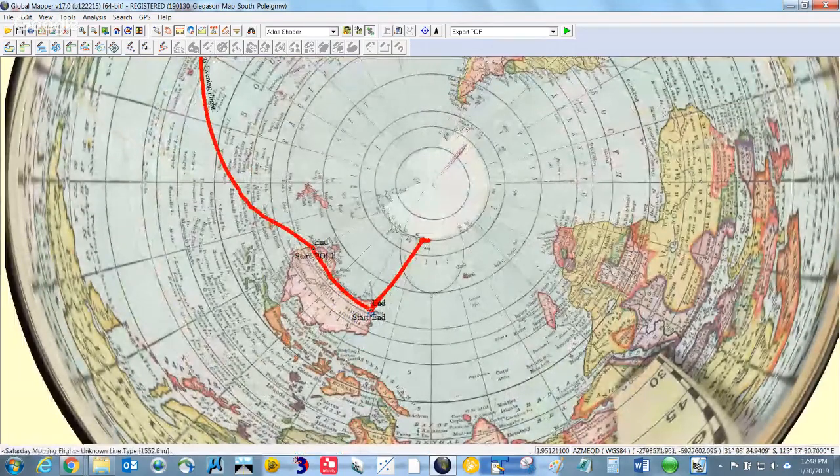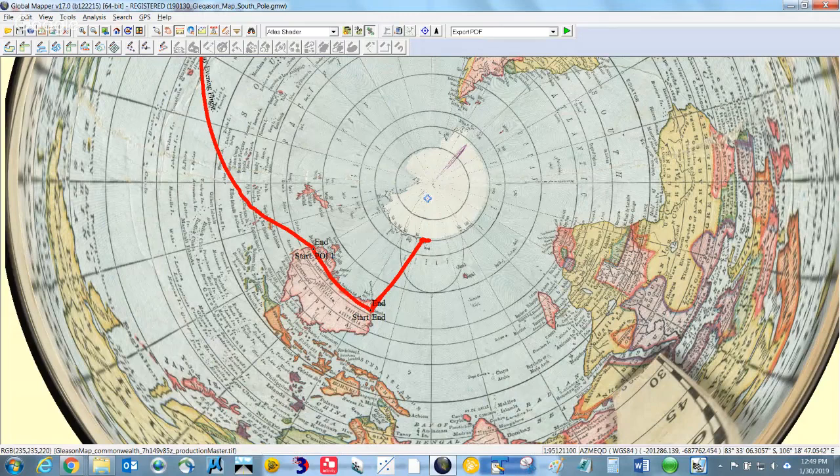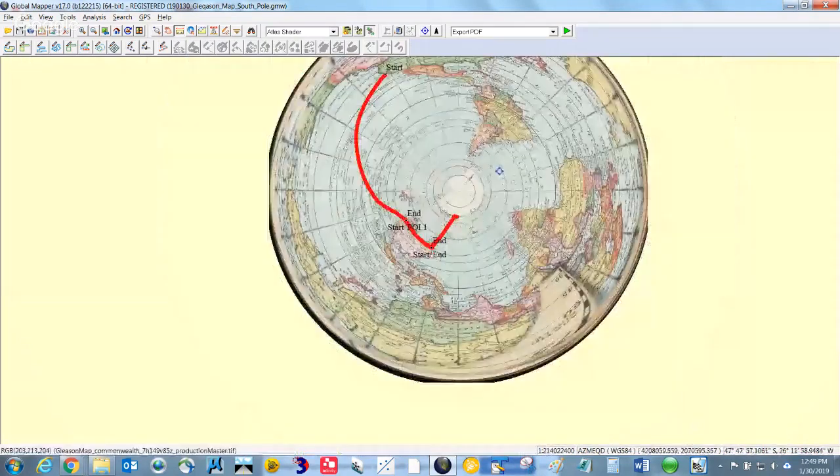Then the next video was from Perth to their little excursion in Antarctica, and I flipped the map over, so this is how it looks right now. What I'll do next is bring in his journey from Sydney to Johannesburg. Let's do that. So again, this is the third in the series.